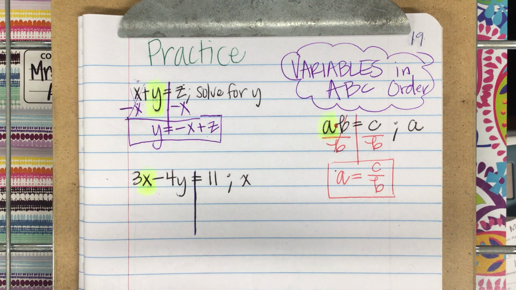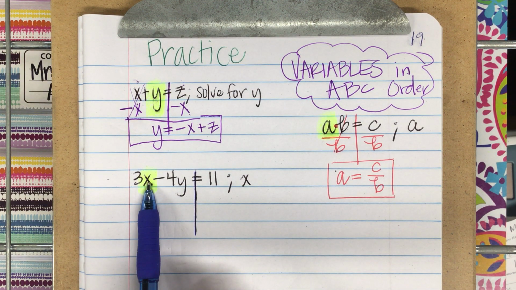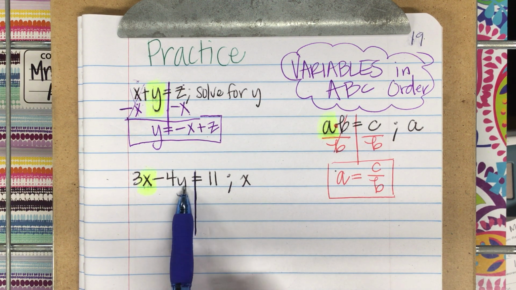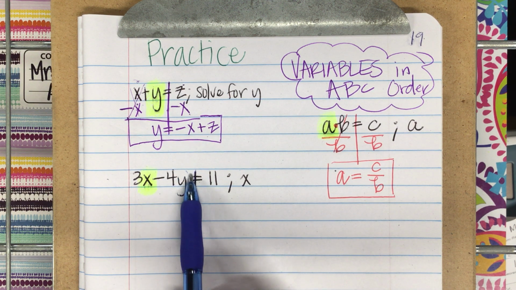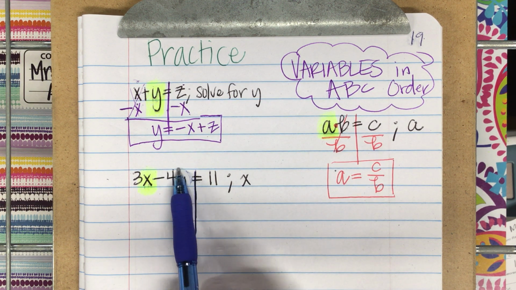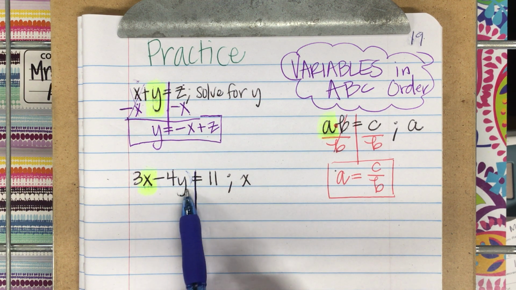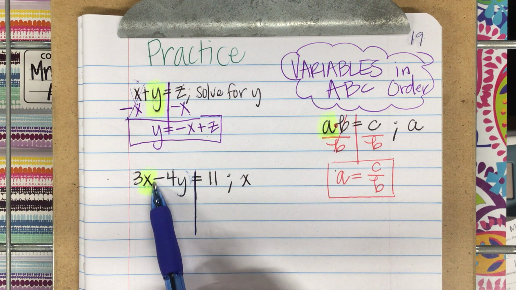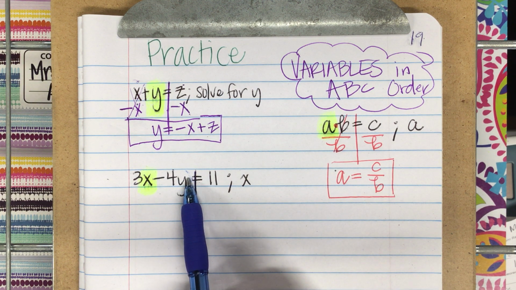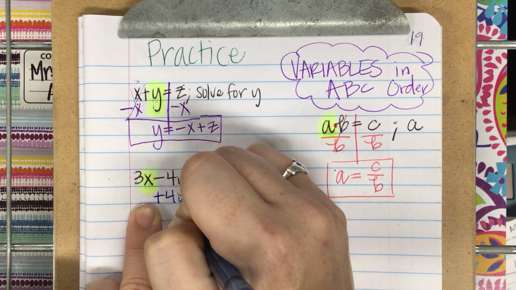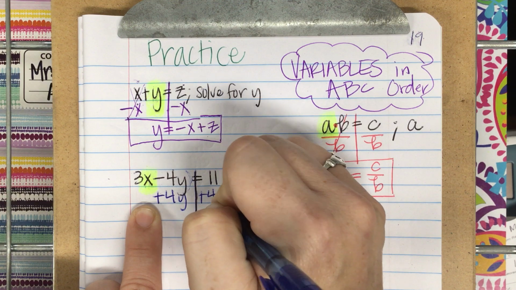What's being added or subtracted to this x, Jaden? 4y. It says minus 4y. That's a term. That can't be split up, right? I mean, I could split it up, but that's a lot of work. I can move this whole thing because it's a plus or a minus. This is my constant. It's not really a constant. I get that. But it's the plus or minus value. So I'm going to put plus 4y and plus 4y.